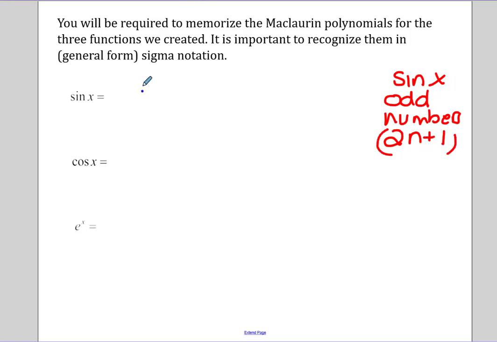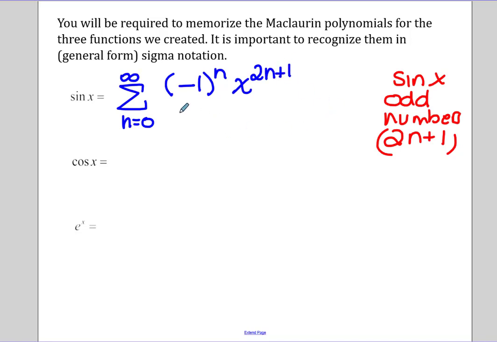So our sigma notation that you want to be able to recognize would be starting at n equals 0, because if n is 0, then our first odd number is 2 times 0 plus 1, that would be 1, up to infinity. And we're going to have negative 1 to the n power times x to the 2n plus 1 power divided by the quantity 2n plus 1 factorial.